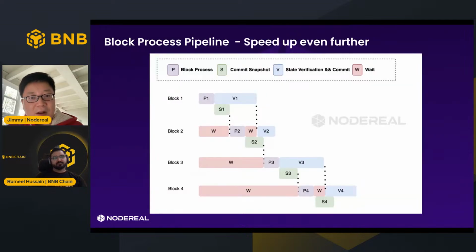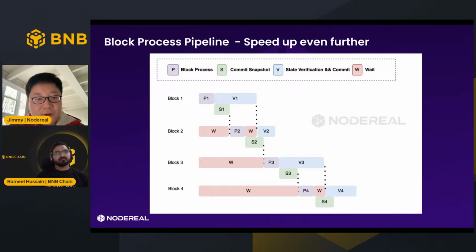In this diagram, you can see that for each block processing, we have the block process, the commit snapshot, state verification, commit, and wait time. For the first block, we start the block process and do the verification. But the verification does not need to wait for the commit snapshot, so the verification and snapshot can be executed in parallel.